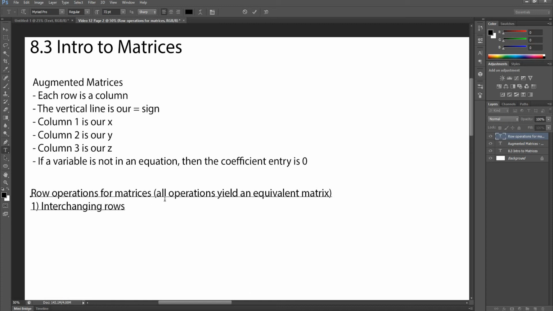And our way to denote this is row 1 is switched with row 2, for example.